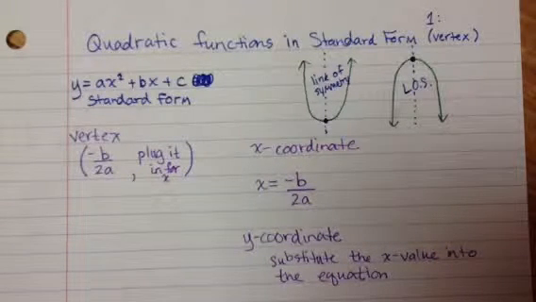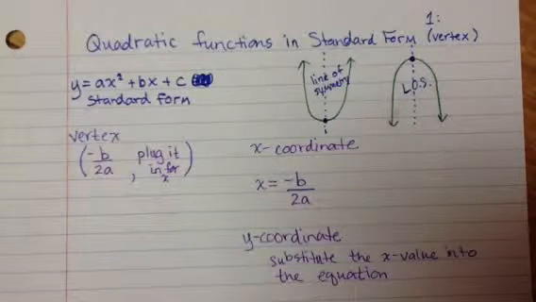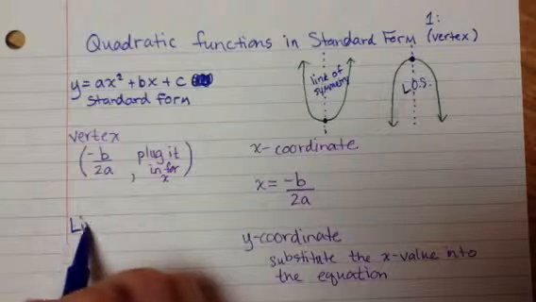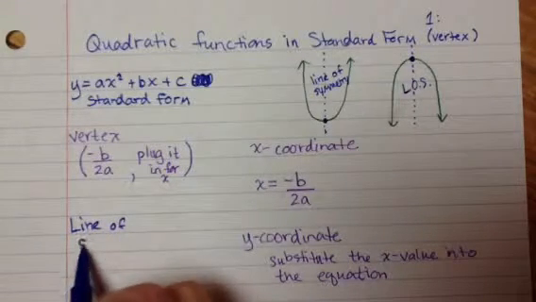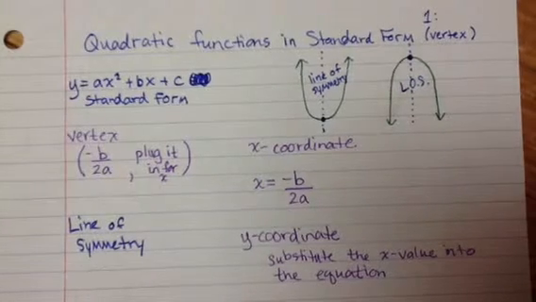Since that line of symmetry goes right through the vertex and it is a vertical line, the line of symmetry has an equation, x equals some number. Well, the number that it equals is the x-coordinate of the vertex. So let's go ahead and add the line of symmetry into our notes.